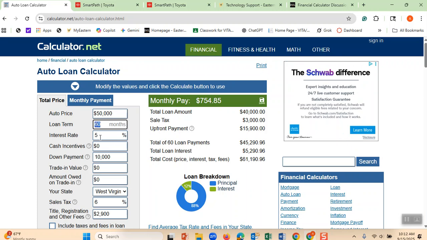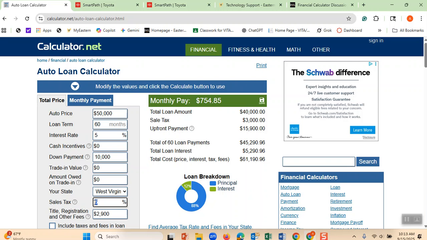The interest rate is 5%, the person wants to put 10% down payment and doesn't have a trade-in. That means he or she doesn't take his or her old car, and the person is buying in the state of West Virginia, maybe the sales tax is 5%.